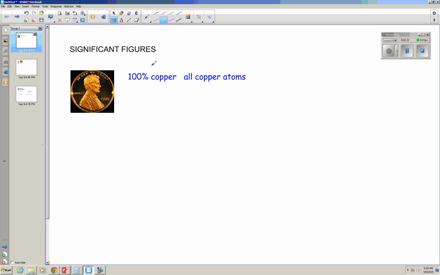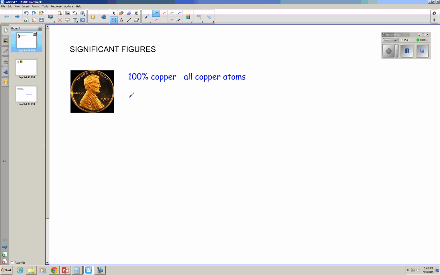We have to understand that atoms in any material obey very specific behaviors. Here's one copper atom. Let's go a little bit bigger: copper atom, copper atom.